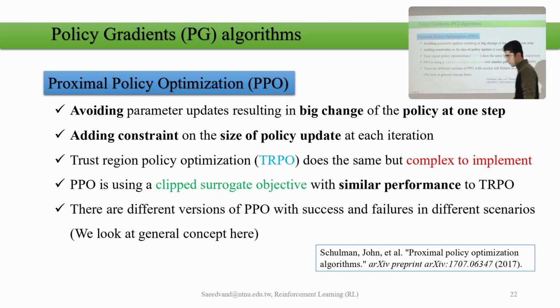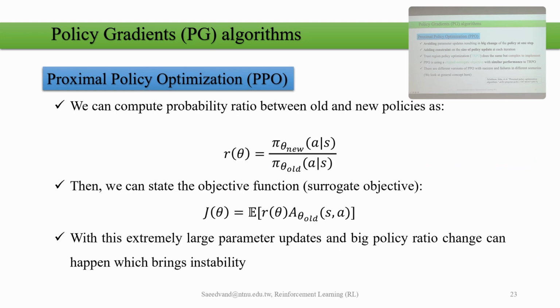But today I'm just going to look at the general presentation of PPO, and if you are interested in doing research projects, you need to go through different versions of PPO and see which one is more successful in state-of-the-art works.